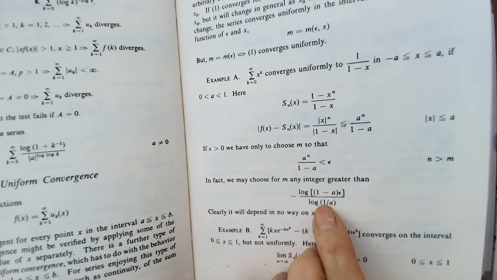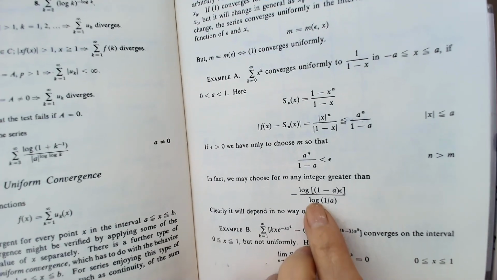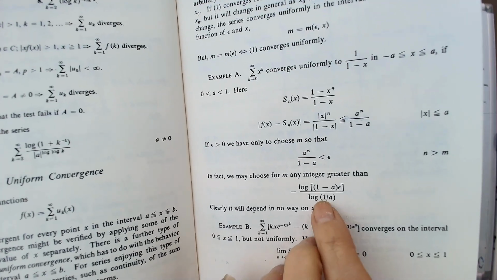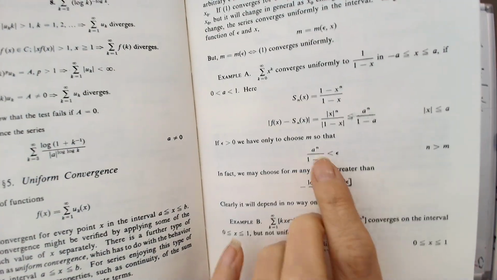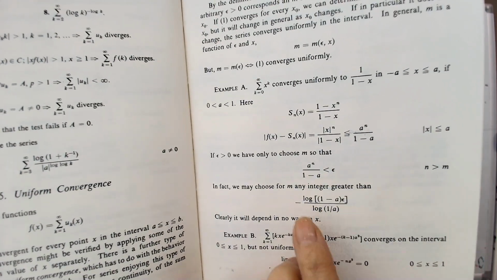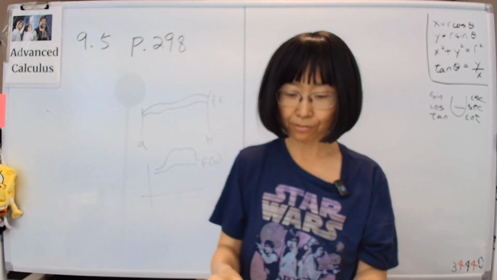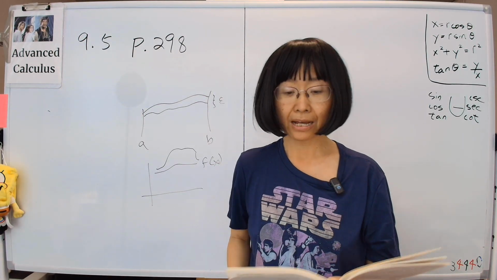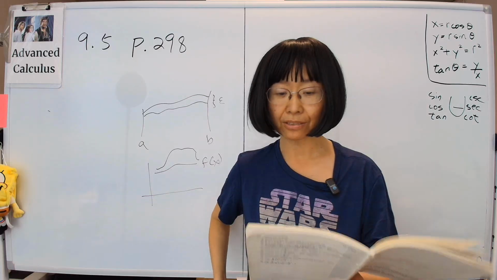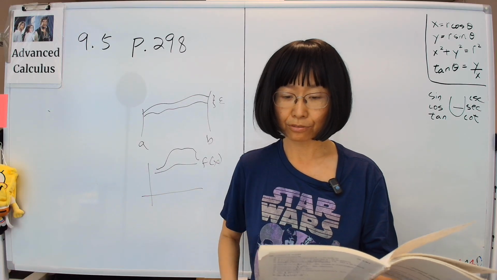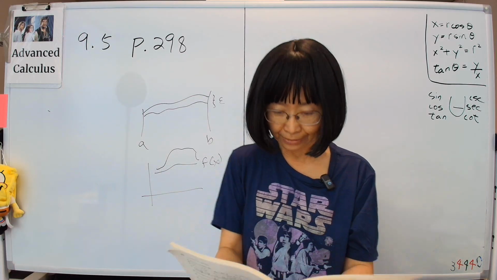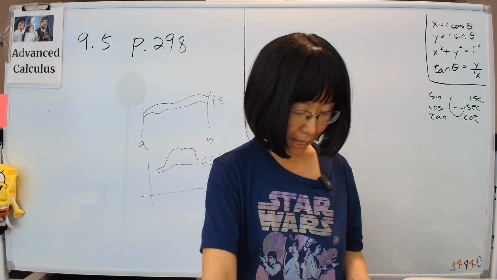More importantly, this thing has no x in it. So it doesn't matter what the x value is, this will be true, as long as m has that relationship with epsilon. That's all that matters. So as a result, we know that the sum of x to the power k is uniformly convergent to wherever it's converging to. And so that's example A.